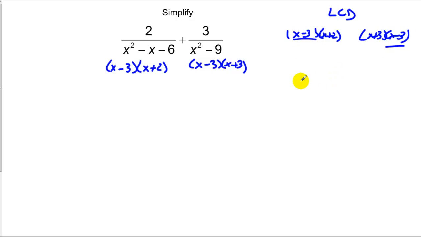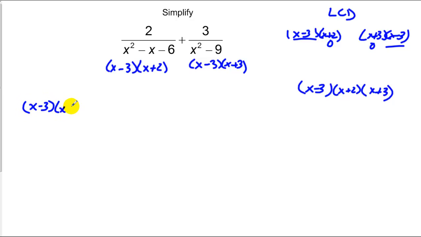Clearly, we have an x minus 3 in common. I'll need that. Need this x plus 2. And I'll need this x plus 3. So let's go ahead and rewrite it.